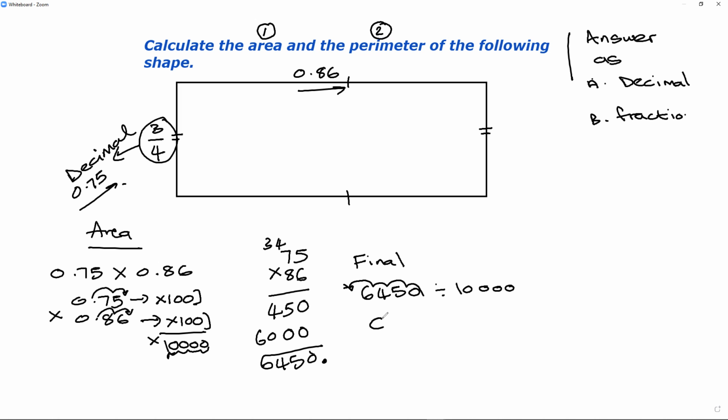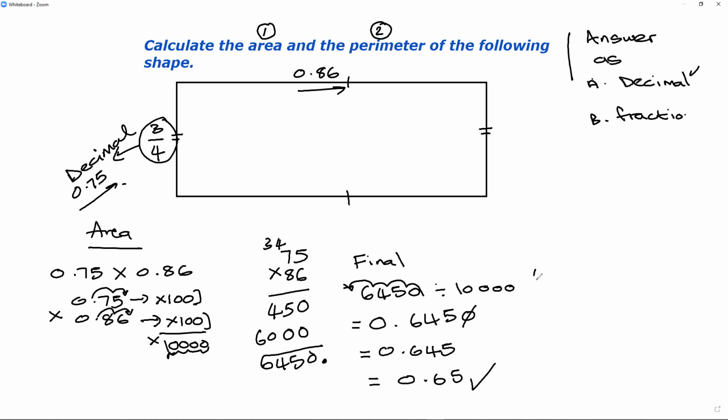It goes in front of that, and you end up with 0.6450. And we can leave that out to 0.645. But we're rounding to 2 decimal places. So when I round it to 2 decimal places, it comes to 0.65 because that is greater than or equal to 5. So the 4 goes up by 1 to 5. So 0.65, final answer for the area as a decimal, okay?